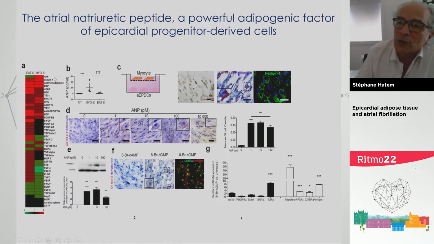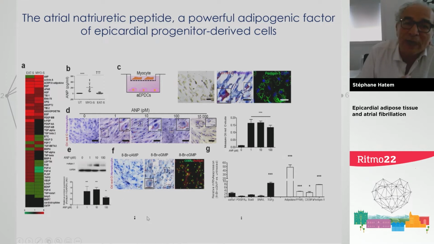And the strongest candidate was the atrial natriuretic peptide, that, as you know, is normally secreted by the atrial myocyte in response to some sort of mechanical stretch. And using different strategies, we show that myocytes, indeed, when they are co-cultured with epicardial progenitor cells, can induce adipogenic transformation of the progenitor cells. And it is the atrial natriuretic peptide which is involved at low concentration.